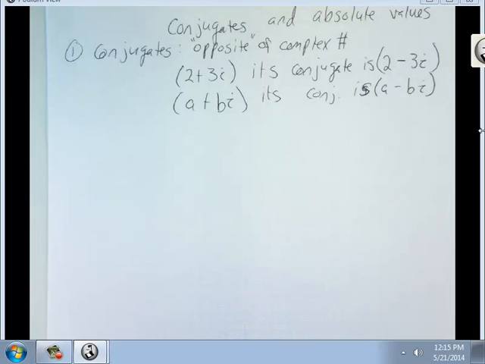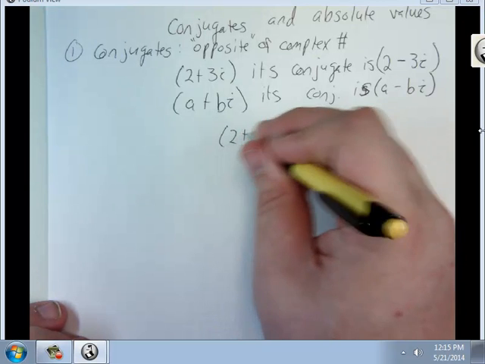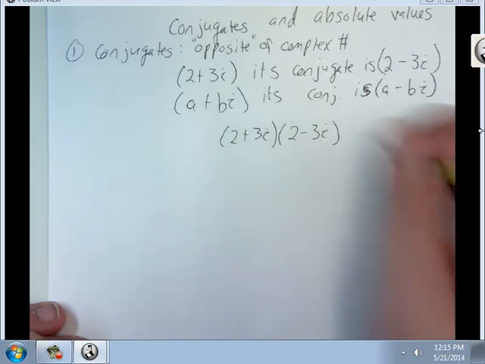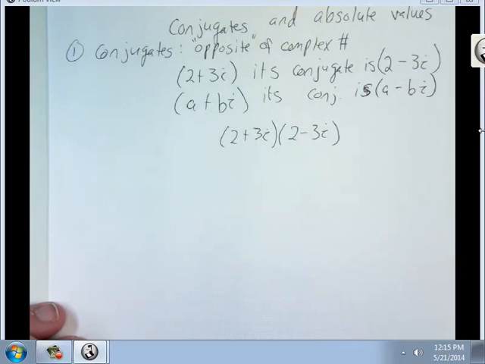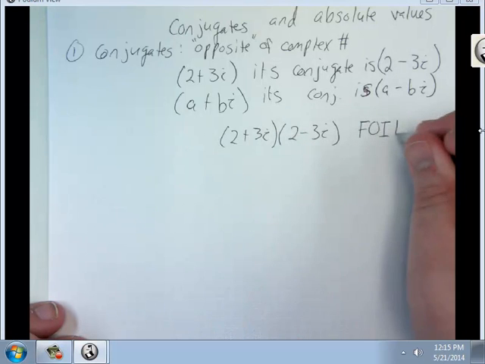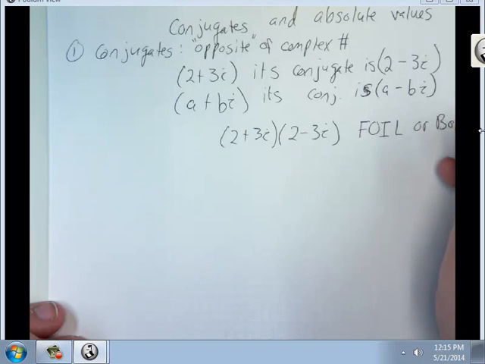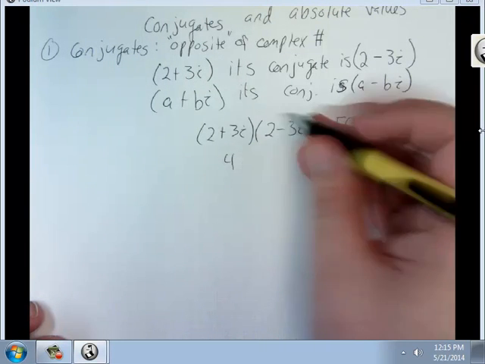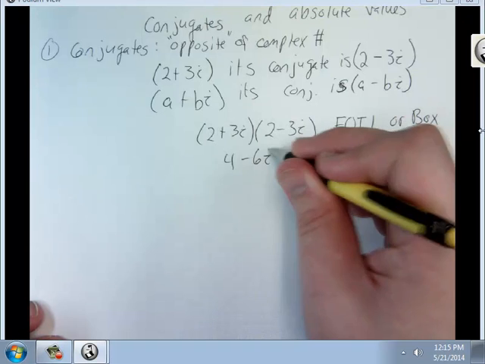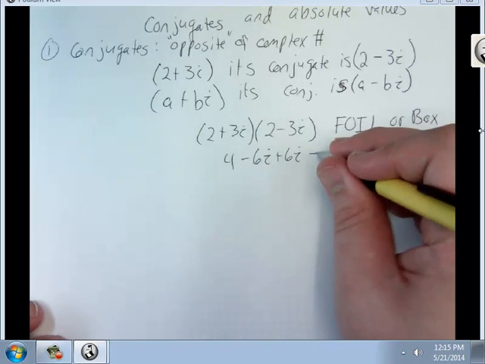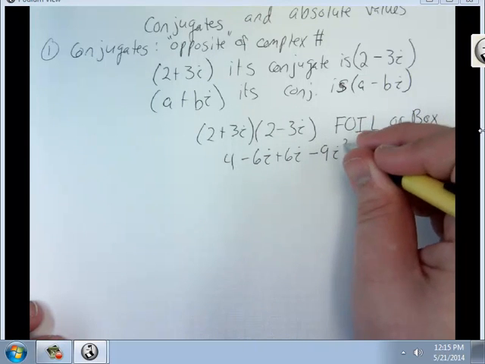So what you would do with these is you'd multiply them together. 2 plus 3i times 2 minus 3i. Foil or box, just as before. We're going to get 4 minus 6i plus 6i minus 9i squared.